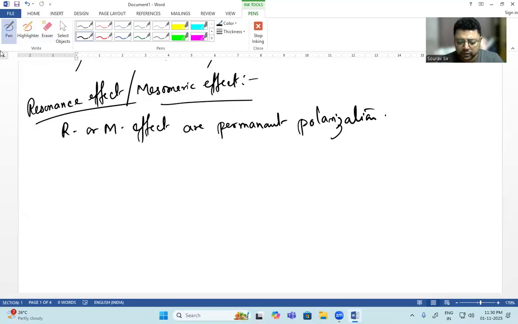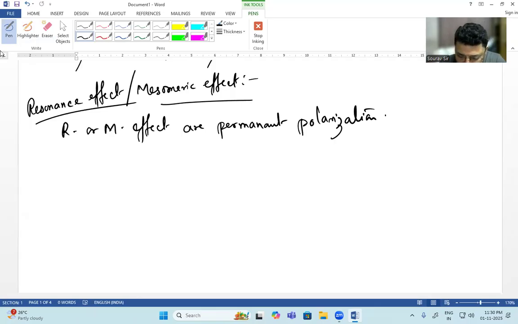The next thing is that this effect comes in motion because of conjugation. So you need groups conjugated with a pi bond or an alternate set of pi bonds along with something else, so that it can come into action.